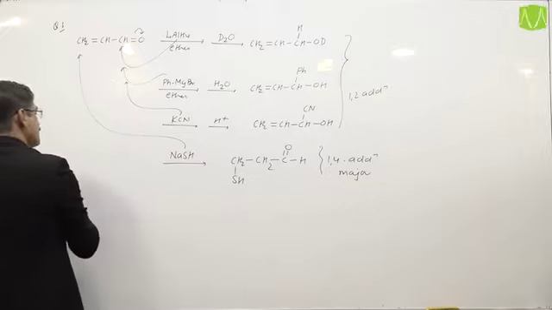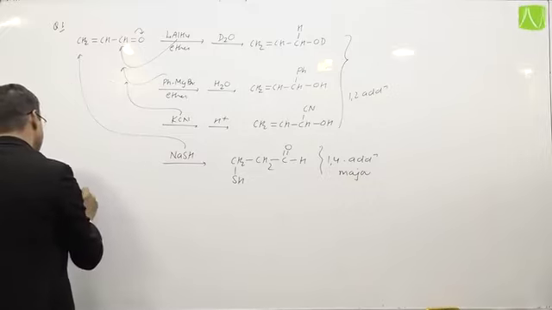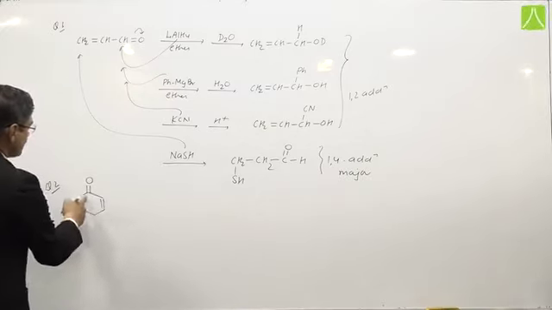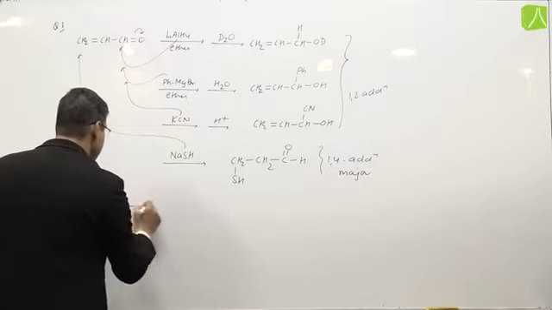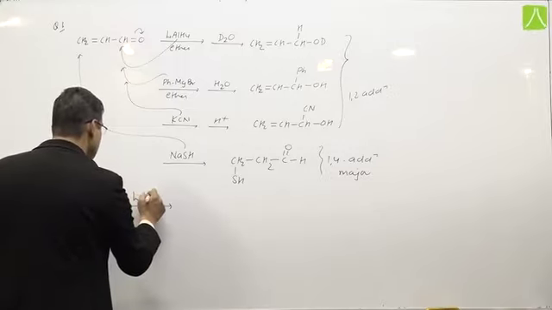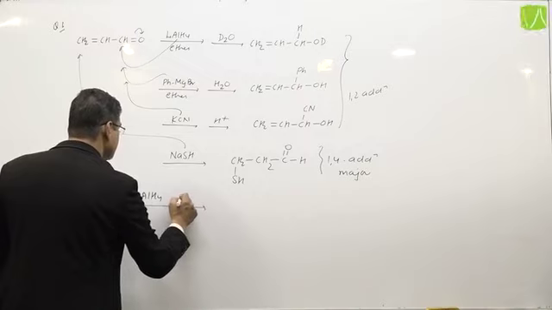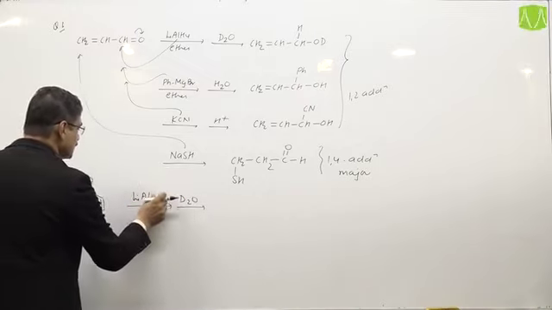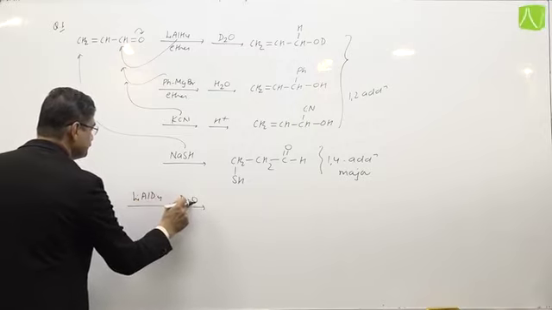Now come to the next question, question number 2. Suppose I take a ketone, example of ketone. So this is a conjugated ketone, pi sigma pi. So the same reagents are taken. Suppose lithium aluminum hydride and D2O, or you can write lithium aluminum deuteride.